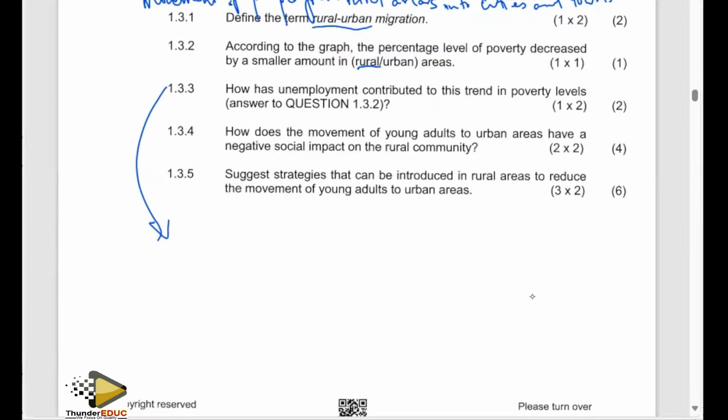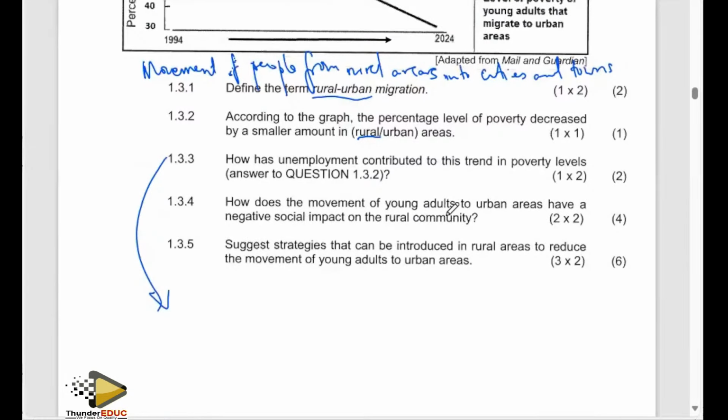Right. So we are saying in this instance, before we look at that one, I've skipped, question number 1.3.3. How are those two related?